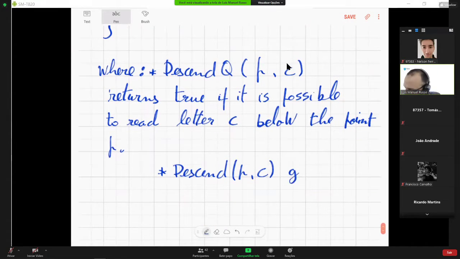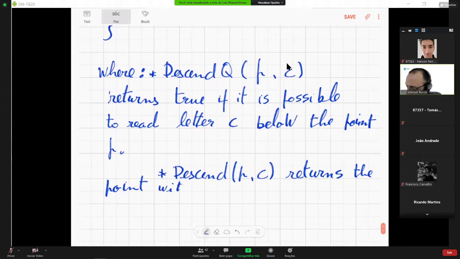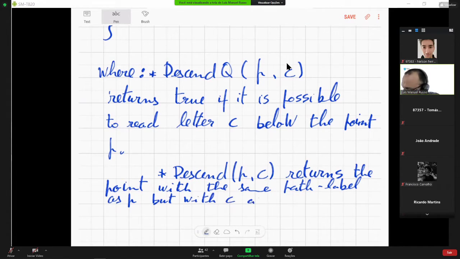It returns the point with the same path level as P, but with C appended at the end.